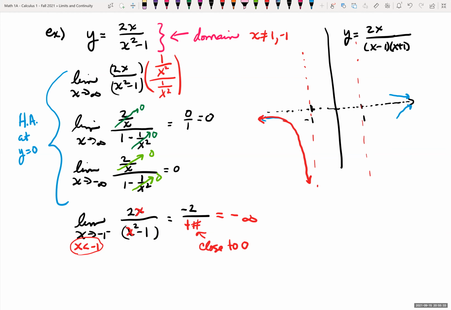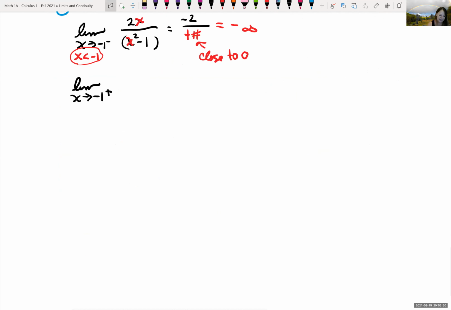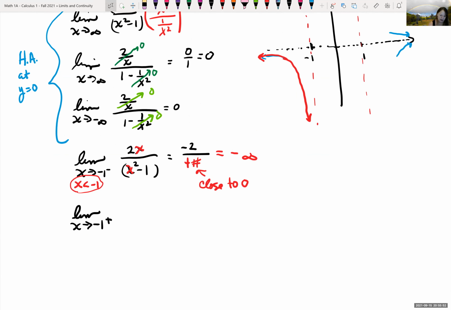Yeah, thank you. Okay. And so when I plug it in on the right-hand side of negative 1, so I'm coming in on the right-hand side, again, I'm okay in the numerator just to plug in negative 1 because that's going to give me a number.